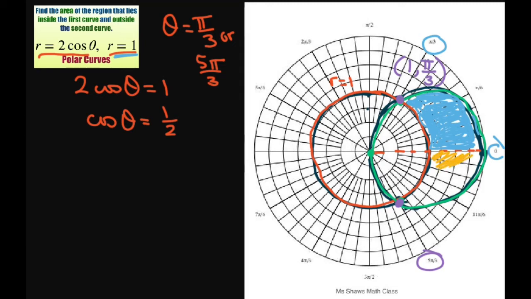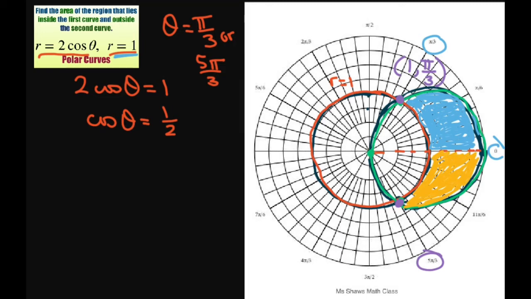So this is the whole area we need, but when we integrate, we're going to make our upper and lower limits 0 to pi divided by 3, and then we're just going to multiply it by 2 to get this yellow area as well, because we need the whole thing.